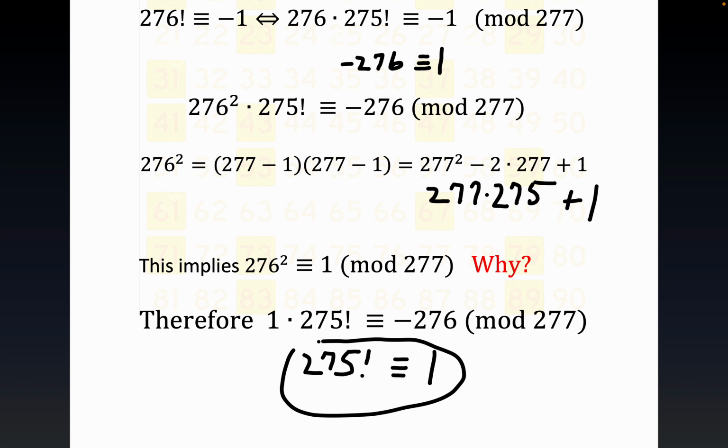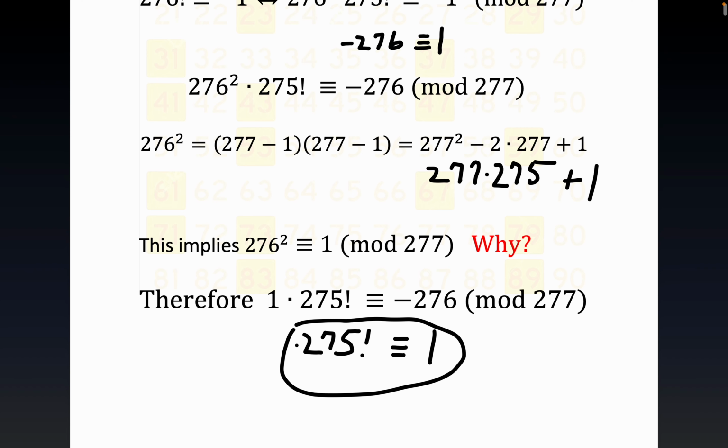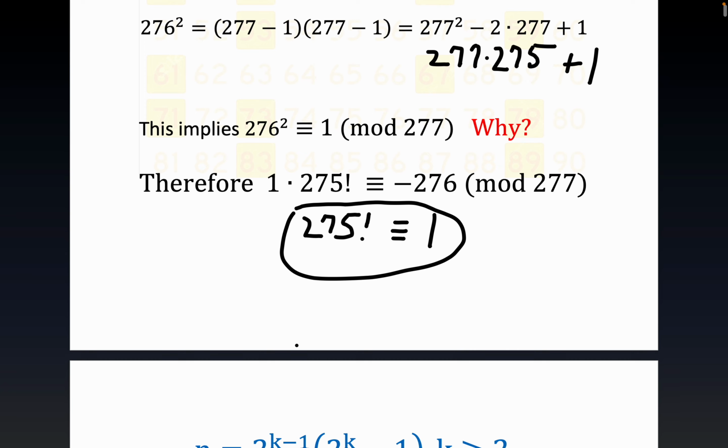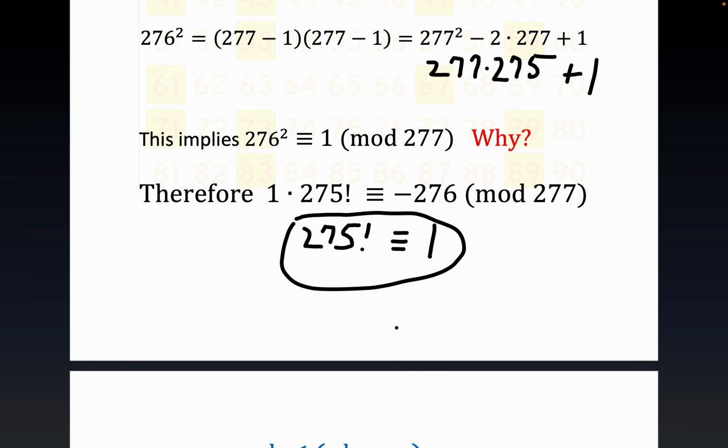Now, let's see, folks. You may have noticed I did a video not too long ago where I proved this result right here. The general result really is something that looks a lot like Wilson's theorem, but it's a little different.